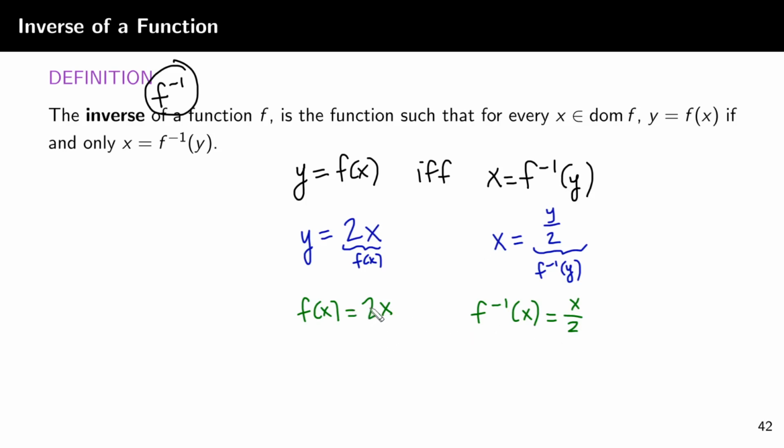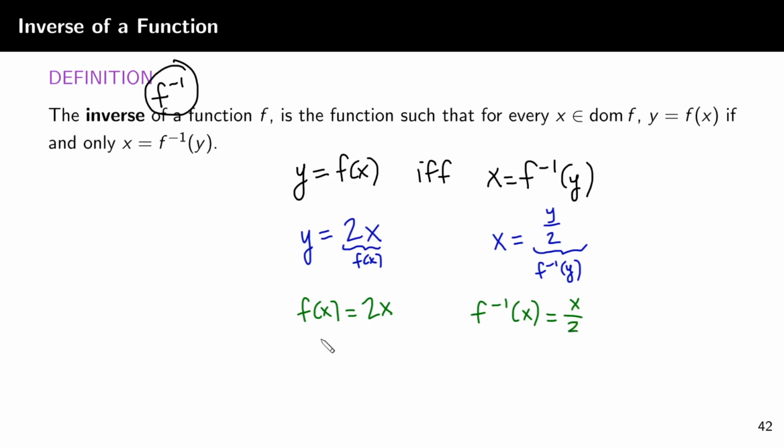So f of x is equal to 2x, f inverse of x is equal to x over 2. So ang ginagawa ng f inverse is inaanundo niya yung ginawa nung f of x dun sa x. So dito, anong ginawa nung f of x? Minultiply niya yung x by 2. Dinoble niya ngayon yung value ng x. So ang dapat gawin ng f inverse, kailangan niyang hatiin or i-divide by 2.